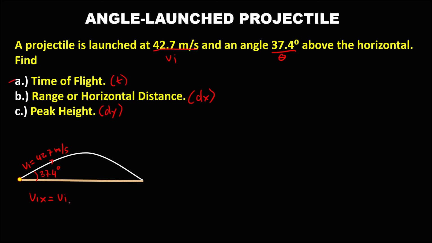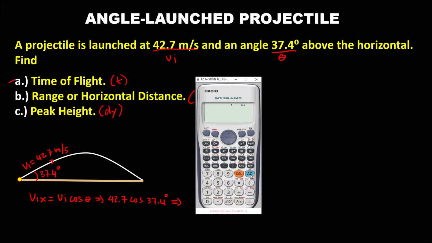The initial velocity times cosine theta. Then we have now the initial velocity is 42.7, then times cosine theta. Theta is 37.4 degrees.